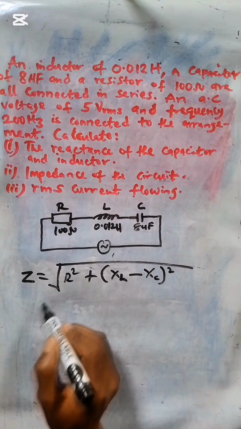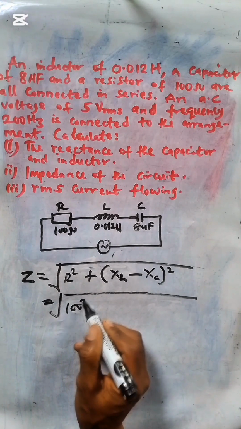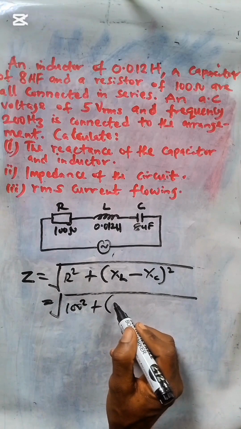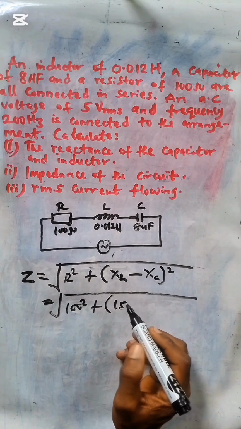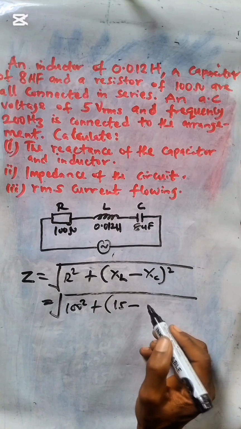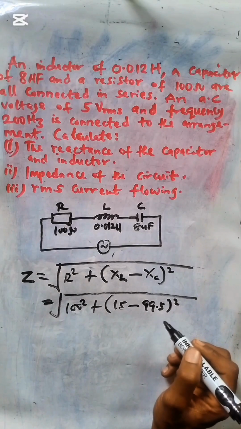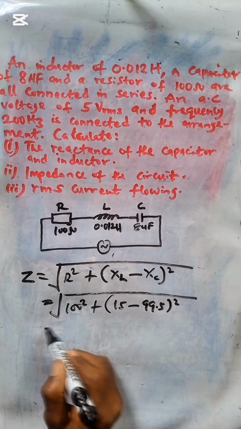So here that will give us 100 squared plus, in bracket, approximately 15 minus 99.5, all squared.